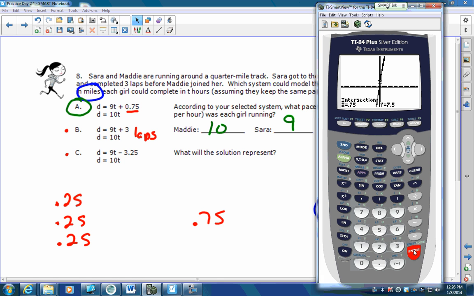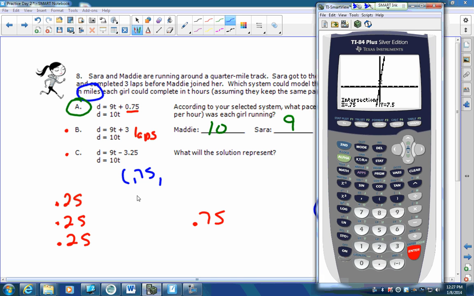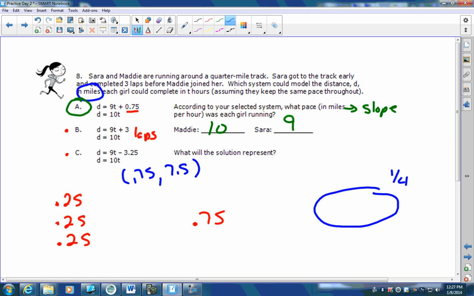This is why I like, and actually it asks you what does a solution represent, but the actual intersection, if it was a decimal answer like this, you have to do that 3 enters that I just did to find it. See, it is 0.75, and what was the other number? 7.5. What does the x, well, we have t and we have d.